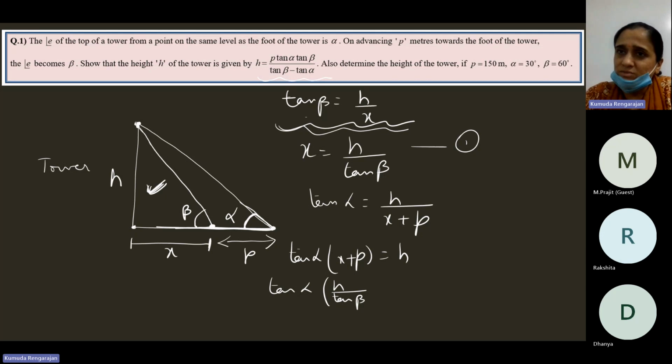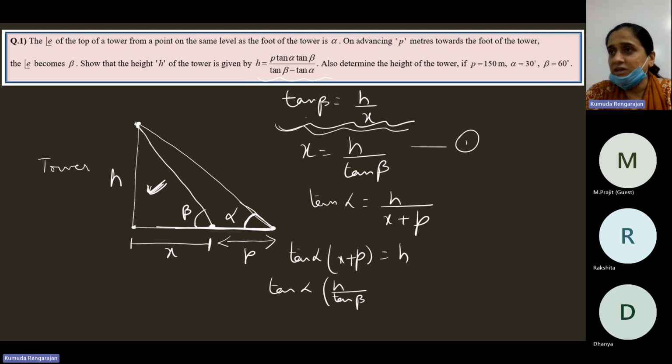Now how to work: cross multiply, maybe LCM and all that. You should gather the terms that have h on one side. The final result should be h is equal to something, right? So when you work, if supposing you have 4 terms and in the 4 terms, 2 terms have h, you must have the 2 h terms on one side and then take out h common.